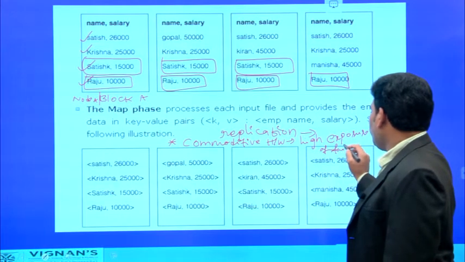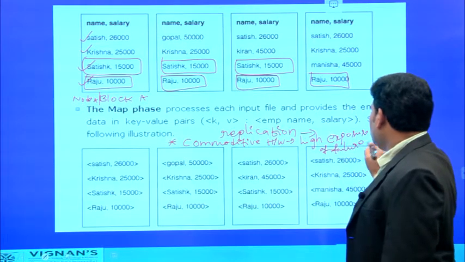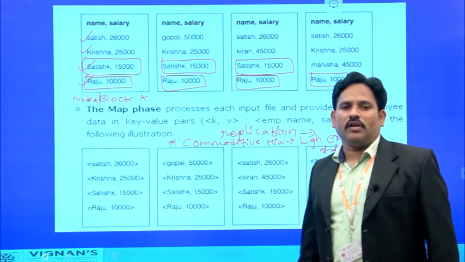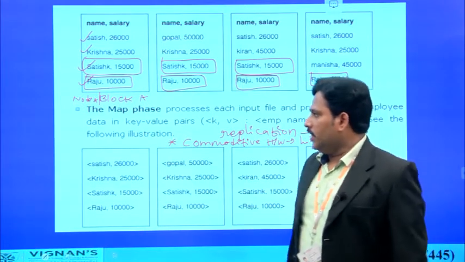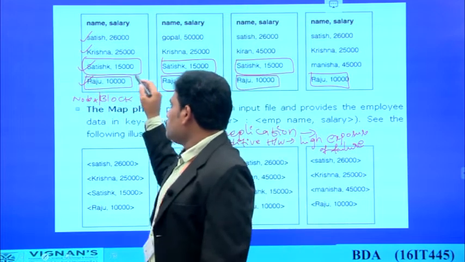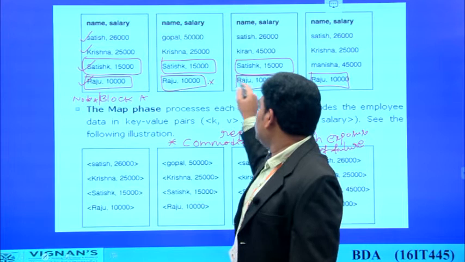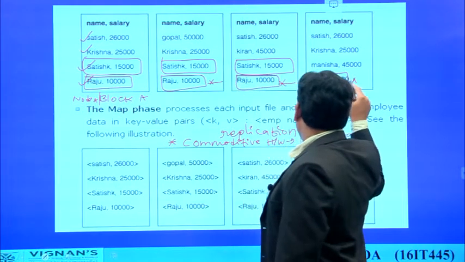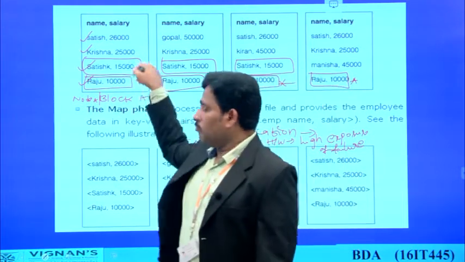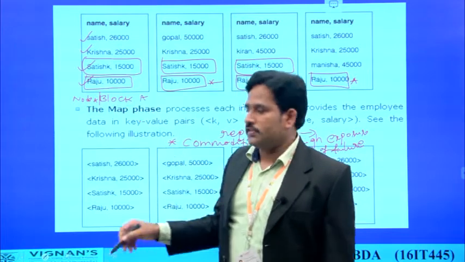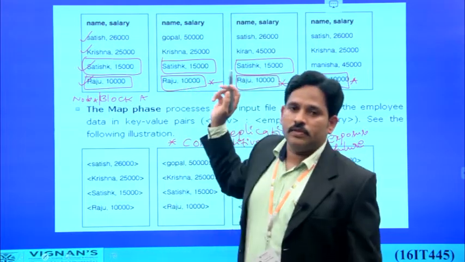If any node fails due to a hardware failure, power failure or network failure, there is a chance of losing the data. Let us assume we stored only the Raju record in the first node and we have not stored it in the remaining 3 blocks. What happens? If this node or block fails due to any hardware reason, we are unable to retrieve the information of Raju.